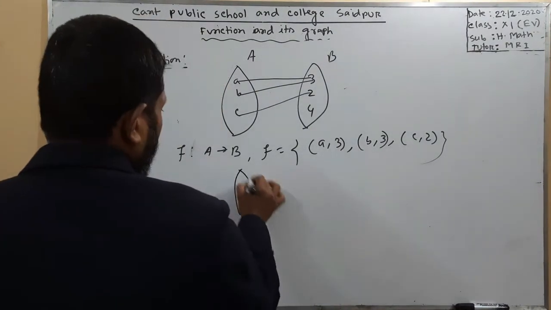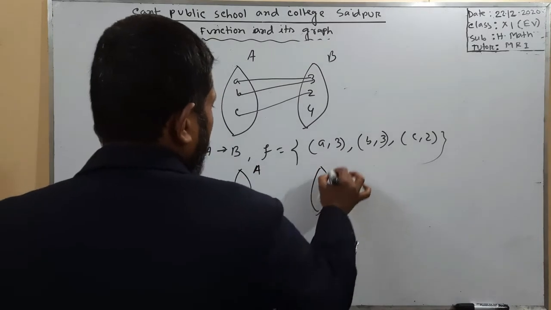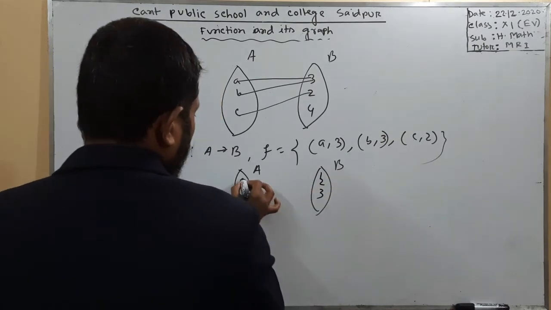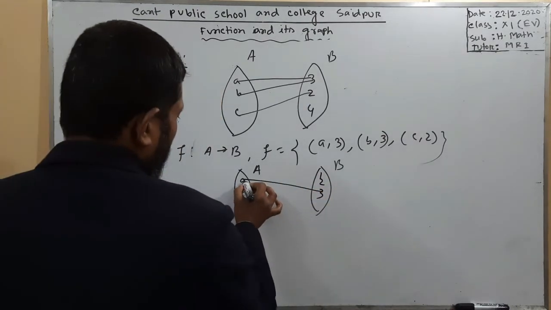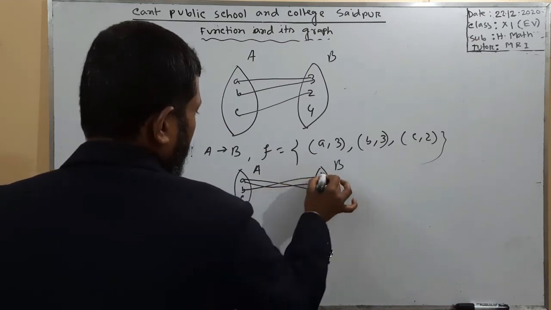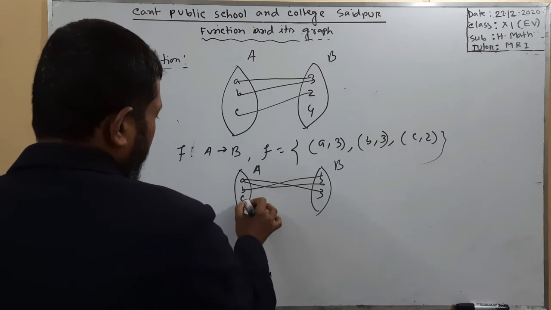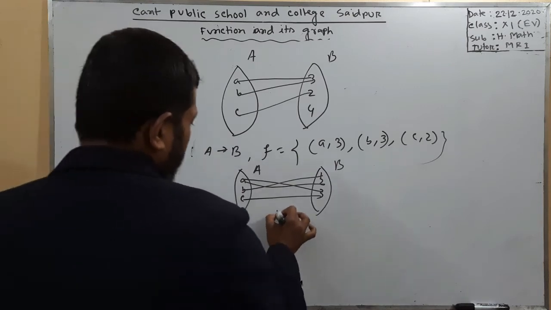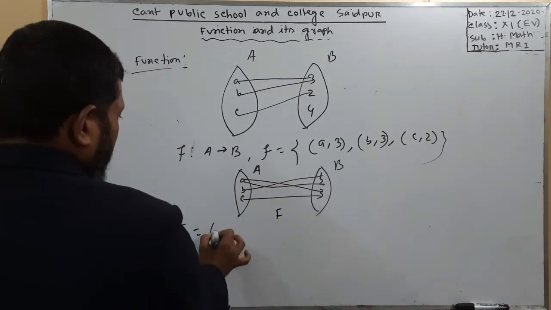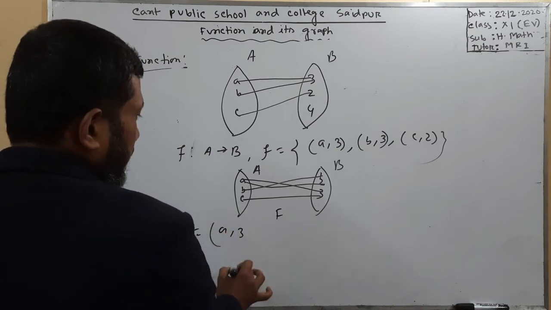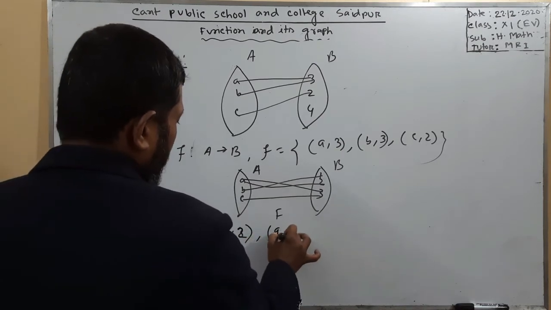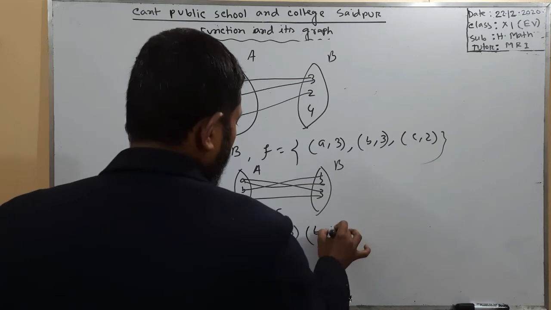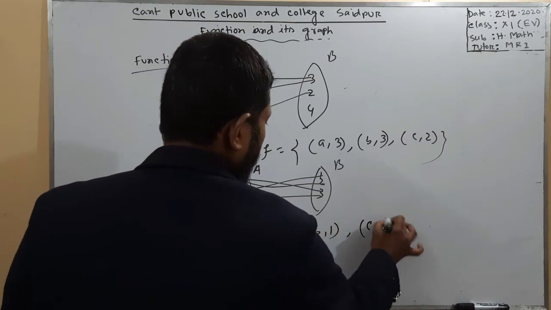If we write here a, b, c and 1, 2, 3, suppose we mention this is the set F, this will be (a, 2) or (a, 3), (b, 1) and (c, 3).